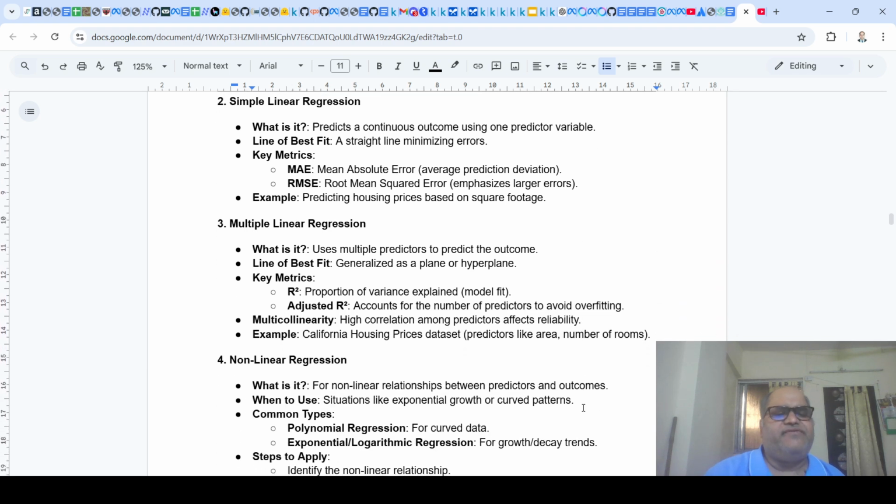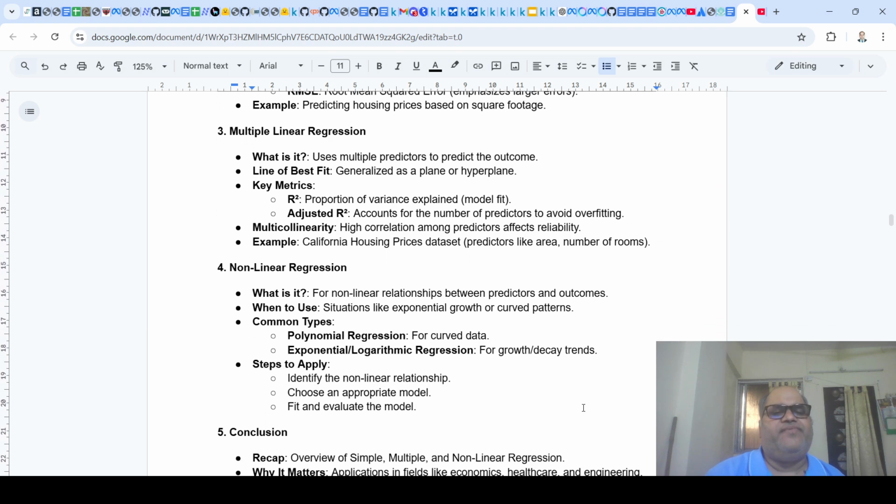Multiple linear regression, on the other hand, could predict the outcome of your dependent variable based on several independent variables, which is typically the case in real life. You have so many things deciding the outcome of anything that you have in mind.